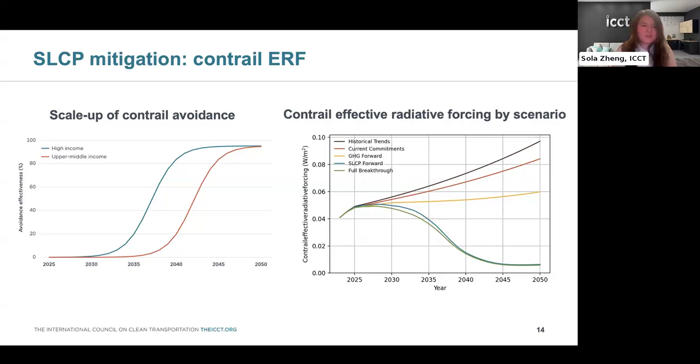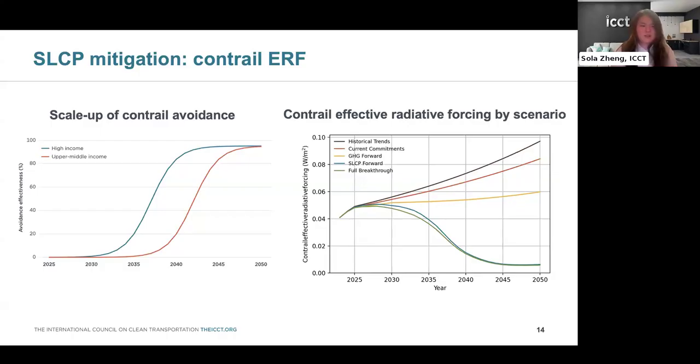And then you can see on the graph on the left that it ramps up starting around 2030 for high income countries and reaching 95% effective avoidance around 2043. And it's delayed by 10 years for upper middle income countries.